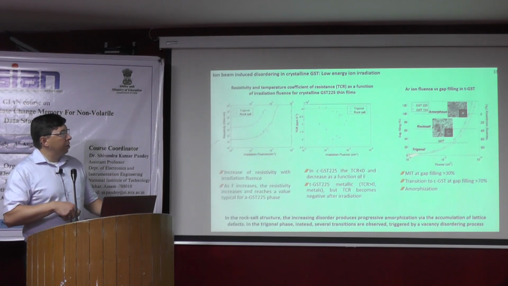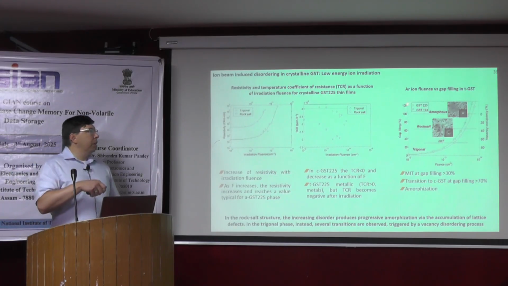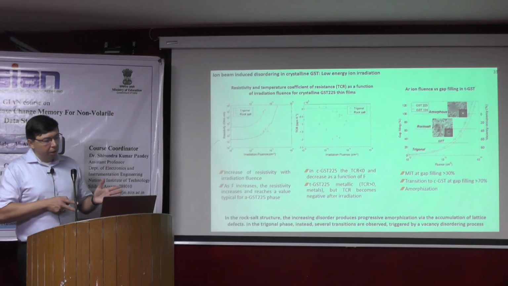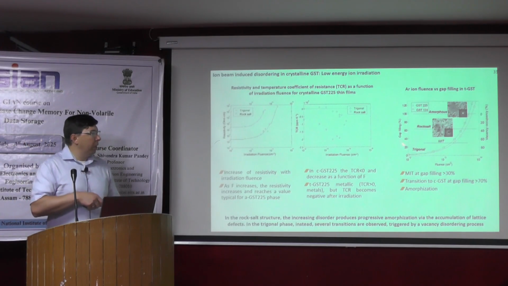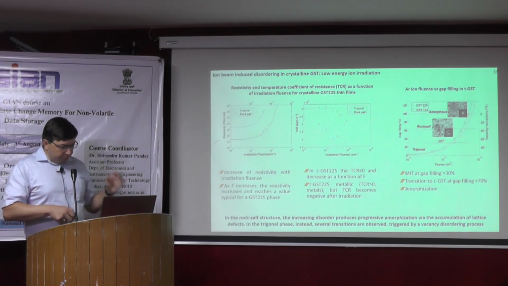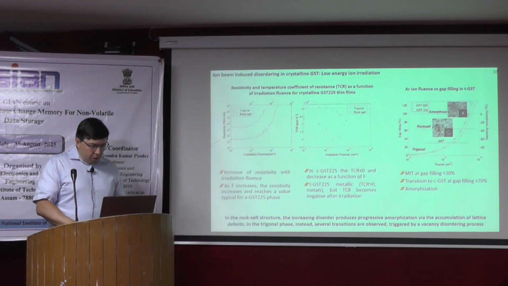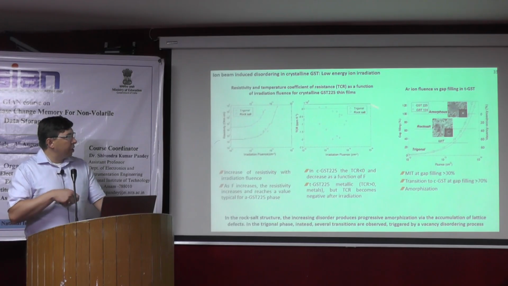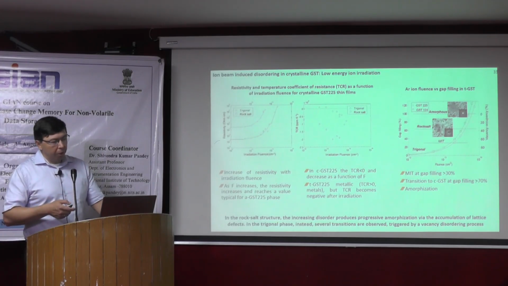So here also these results confirm these experimental results very well. And the transformation mechanism is based on the gap filling by atoms which is induced by ion fluence. So you can see here how the crystal structure also can be modified by ion fluence.